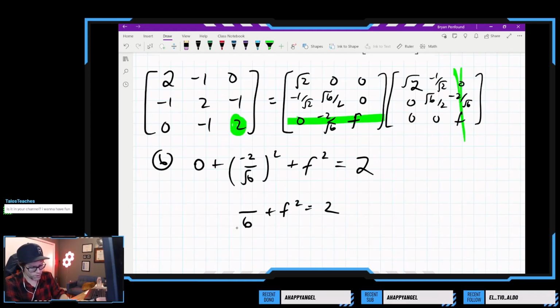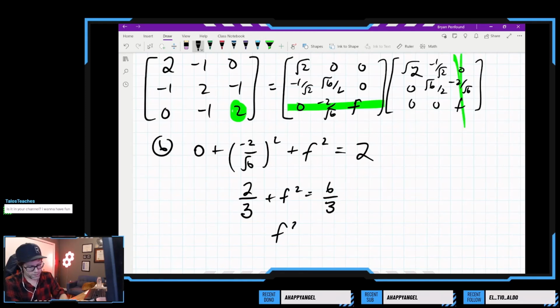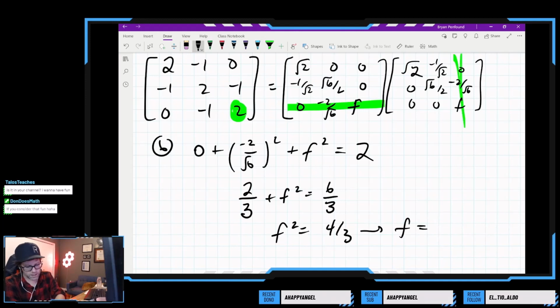So 2/3, and that should be 6/3. So we get that F squared is equal to 4/3. And that should imply that F is equal to 2 over root 3.